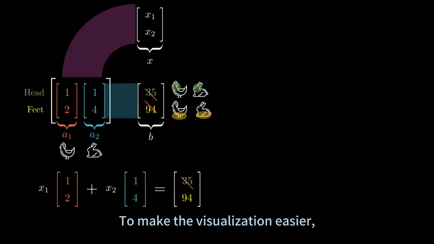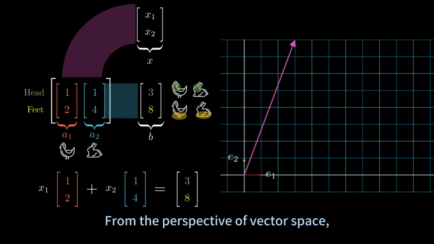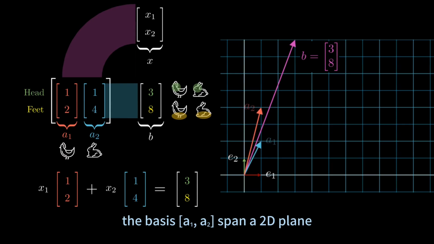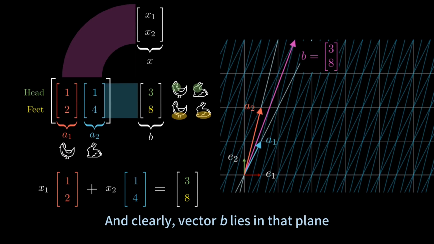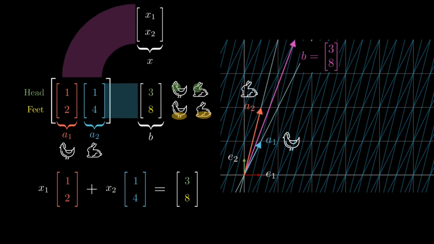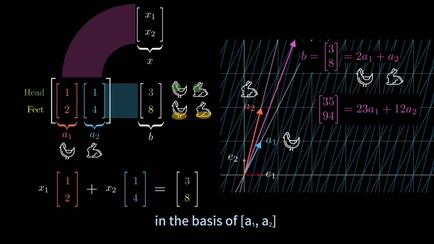To make the visualization easier, let's change the values in vector B. From the perspective of vector space, the bases A1, A2 span a 2D plane, and clearly, vector B lies in that plane. And x1, x2 are simply the coordinates of vector B in the basis of A1 and A2.